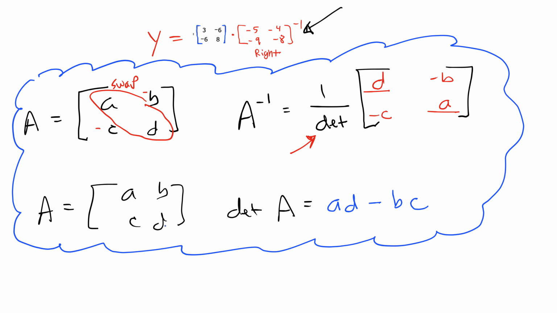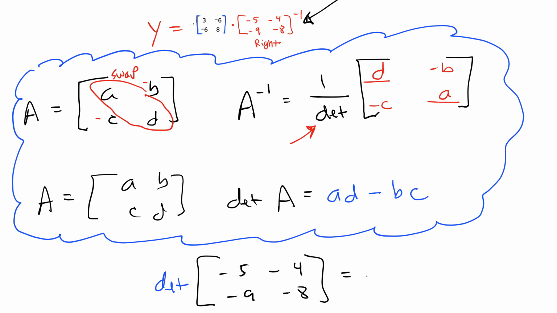All right, so let's get the determinant of our matrix. We're going to get the determinant of the matrix in our problem, which is -5, -4, -9, -8. Okay, so what times what minus what times what? -5 times -8 minus what? -9 times -4.